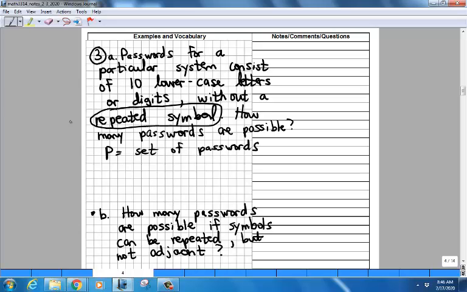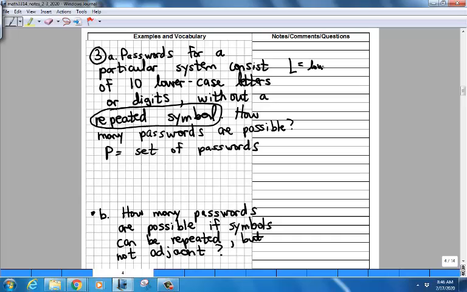These passwords are formed from what set? The set of lowercase letters, combined with the set of digits. Let's call that set L, for letters.